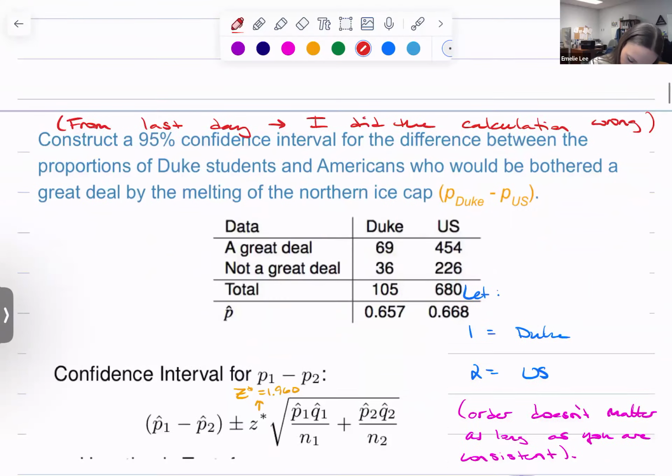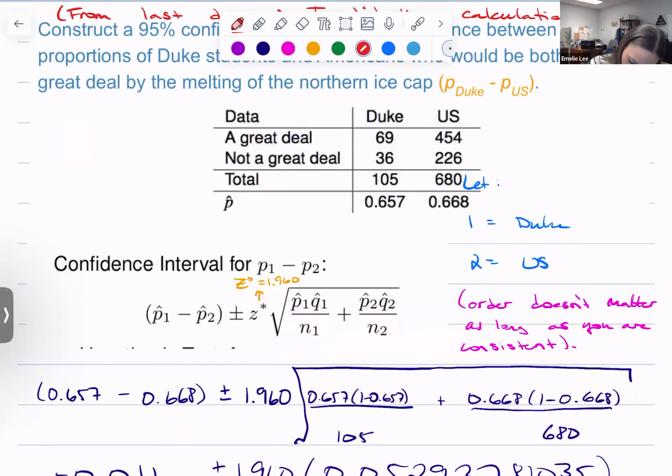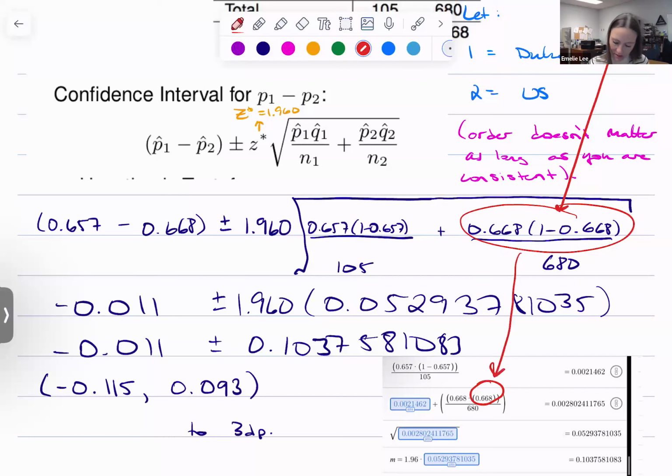And I'll show you where. I did this here, but then I didn't do it there. So this is good, and this is wrong. Other than that, should be fine.